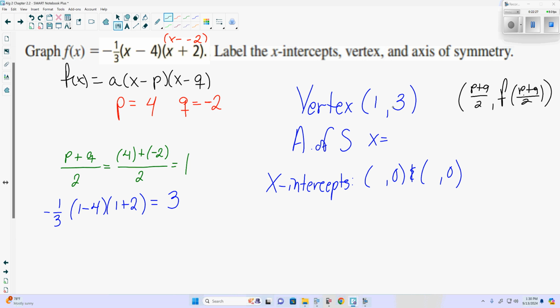The general form for the axis of symmetry is x equals p plus q over 2, which in our case says x equals 1. And our x-intercepts are p comma 0 and q comma 0. Well, what's our value of p?